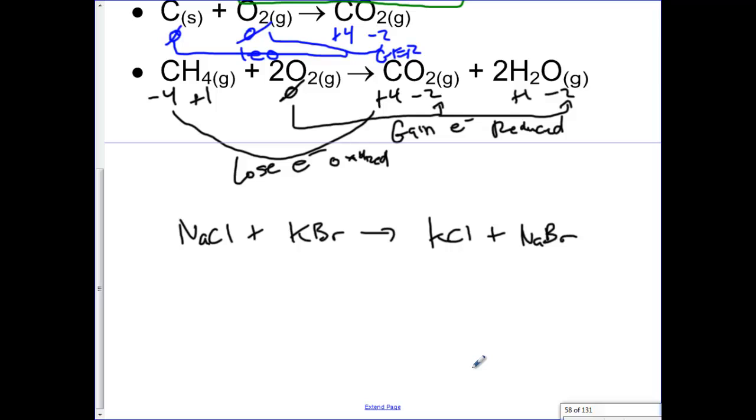If I try to assign everybody oxidation numbers, it seems pretty likely this will be +1 and -1. I just kept it simple. +1, -1, +1, -1, +1, -1. Nothing changes. If nobody changes their oxidation number, which is similar to their charge, then this is still double replacement. It's just not redox.